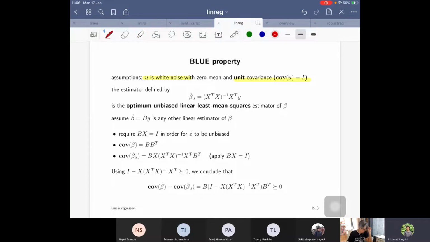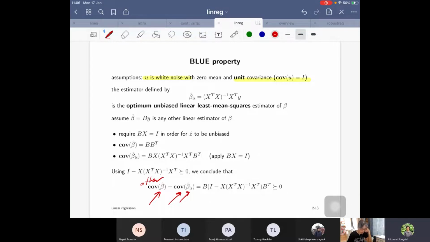In this analysis, we will show that when you compare the covariance of beta hat, the least square estimate, with another unbiased estimator, the covariance of the other estimator is always bigger than that of the least square estimator. This is a favorable result, because you attain the minimum covariance.